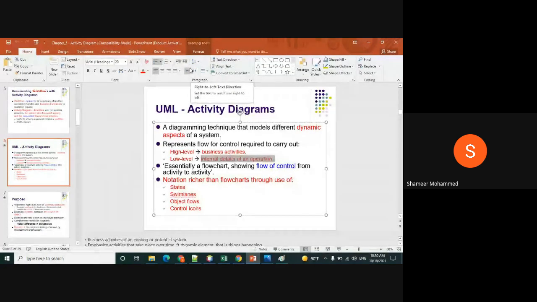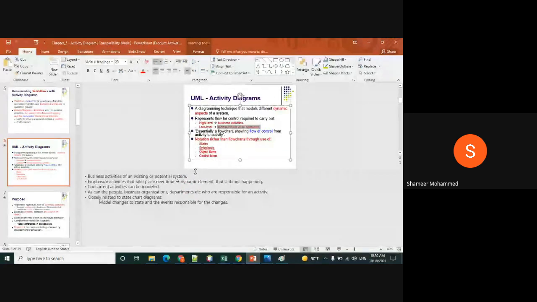Okay, high level activities, low level activities. And here, see the dynamic aspects of a system. This diagram will show the dynamic. Dynamic means things will happen at a particular time. Activities are taking place at a particular time.